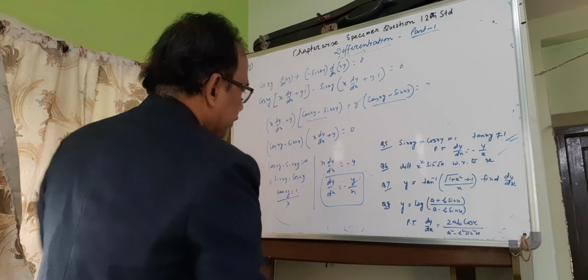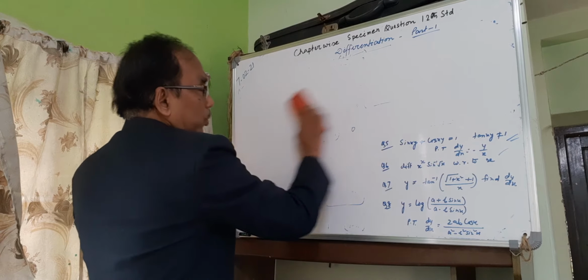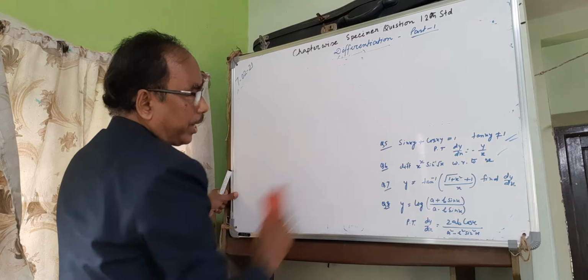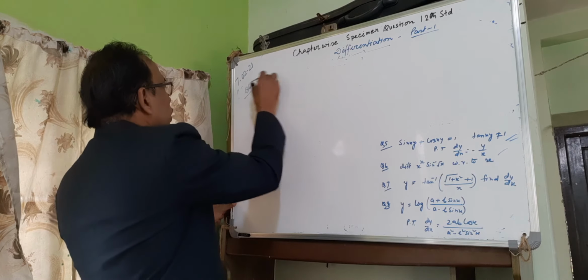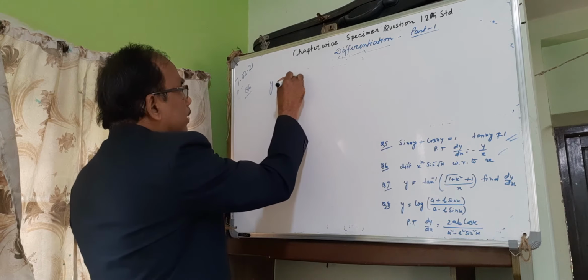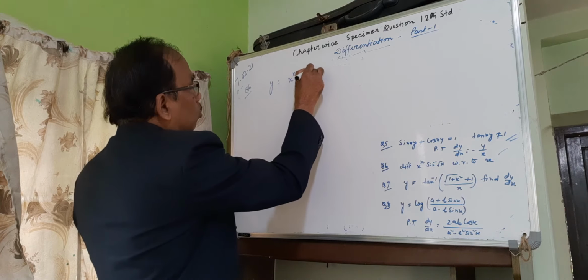Next, question number 6. Differentiate with respect to x. Let y equals x to the power x times sin inverse root x.